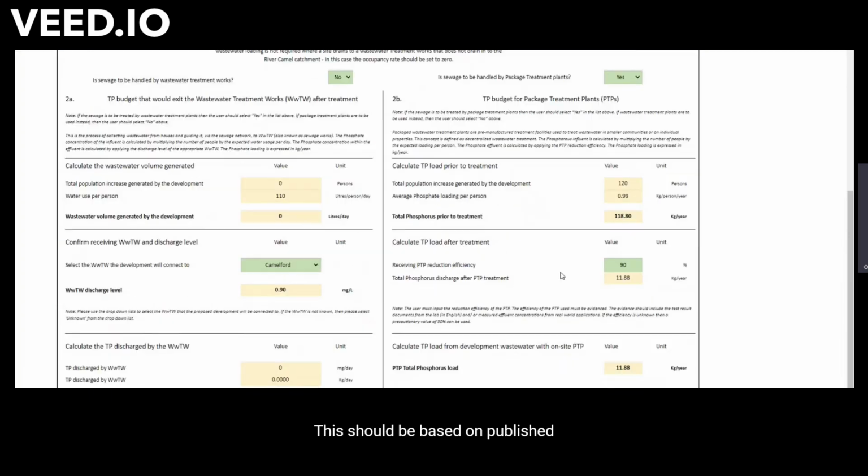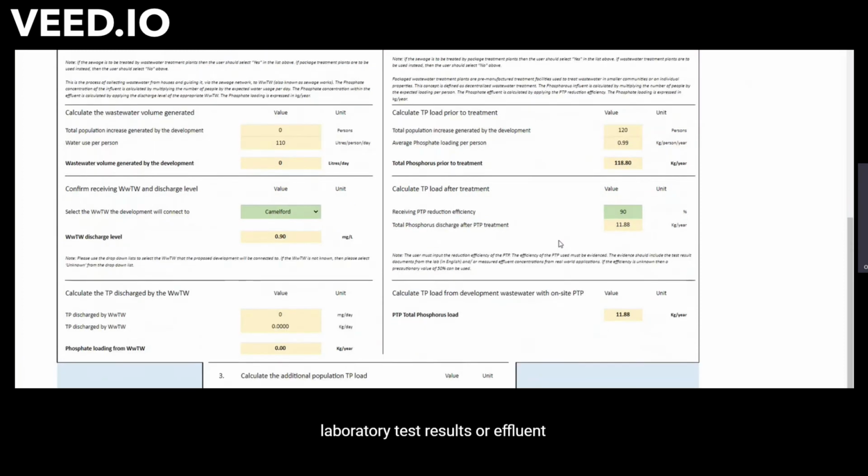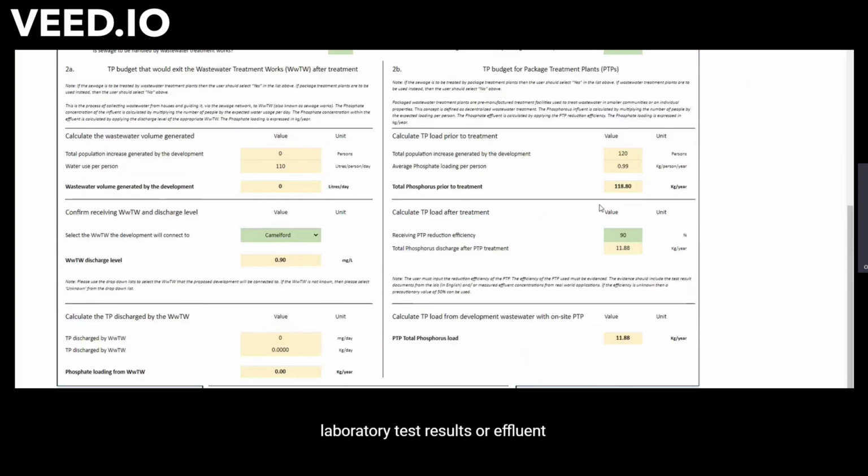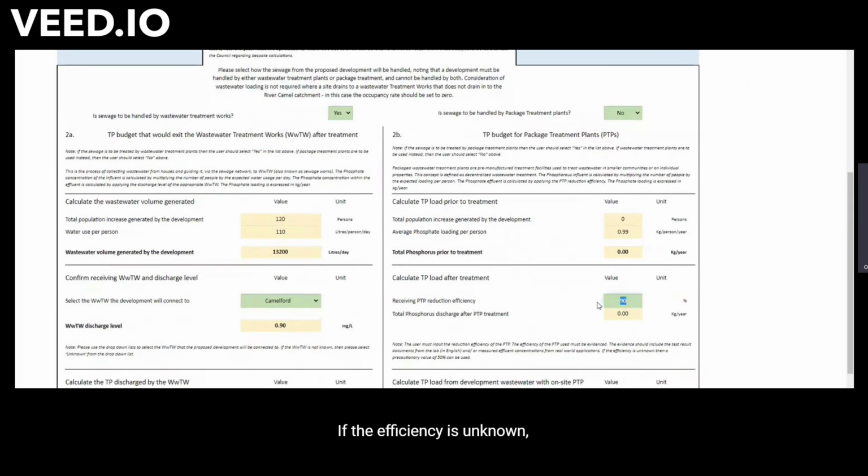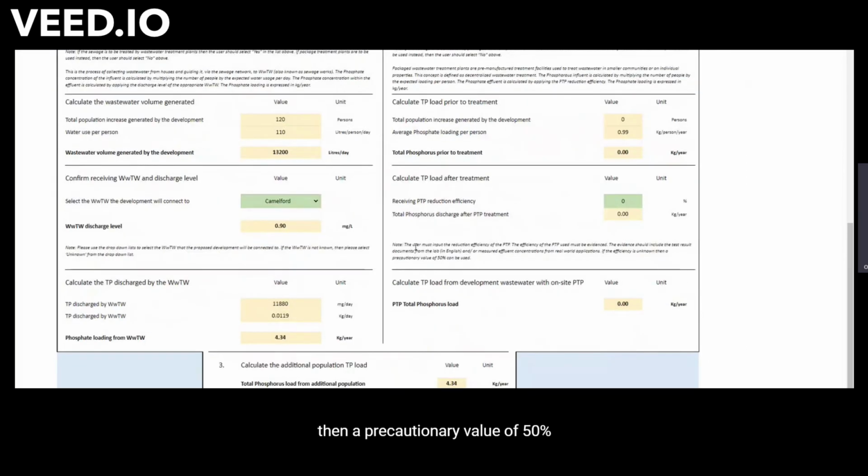This should be based on published results from the manufacturer that calculated the value from laboratory test results or effluent concentrations from real-world applications. If the efficiency is unknown, then a precautionary value of 50% can be used. To achieve the highest reduction values, then packaged treatment plants with specific phosphate stripping should be used.